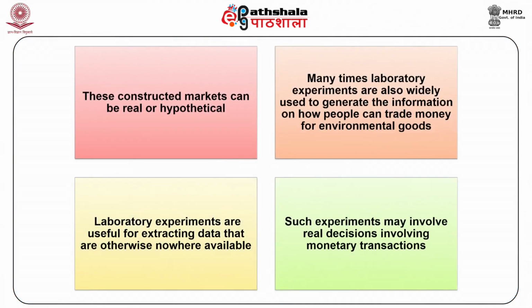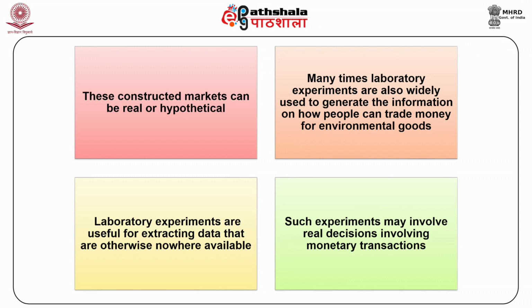These constructed markets can be real or hypothetical. Many times laboratory experiments are also widely used to generate the information on how people can trade money for environmental goods. Laboratory experiments are useful for extracting data that are otherwise nowhere available.